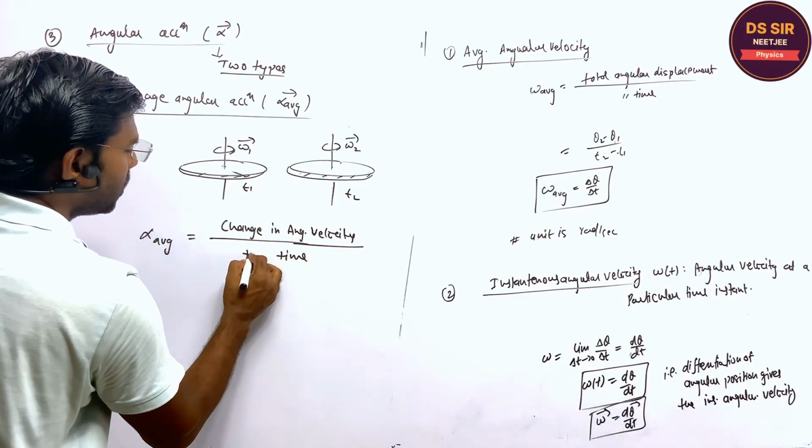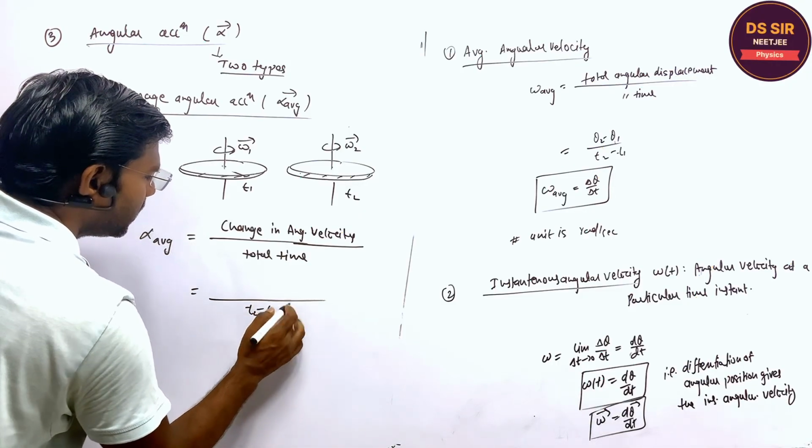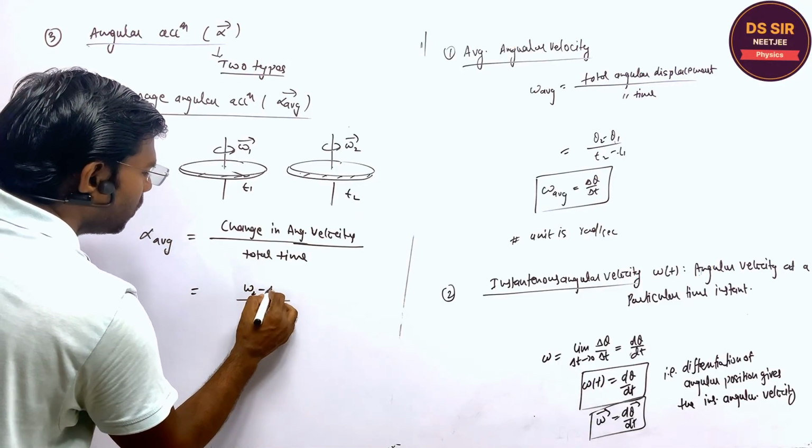The total time is t2 minus t1, and the change is omega 2 minus omega 1.